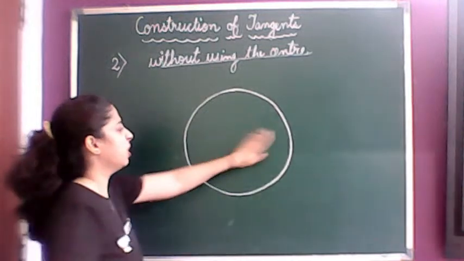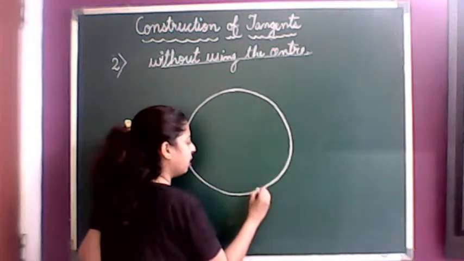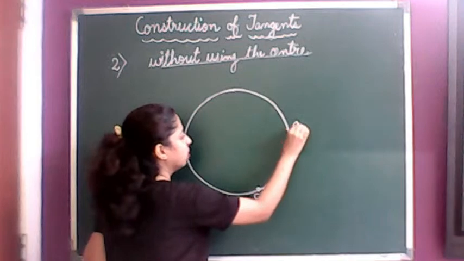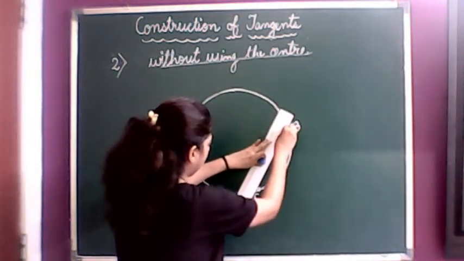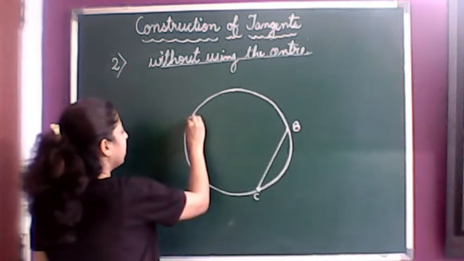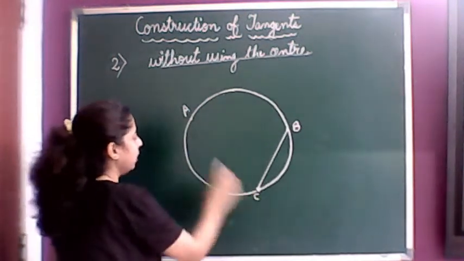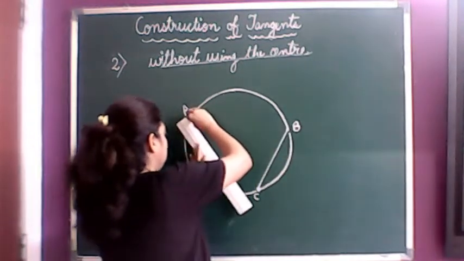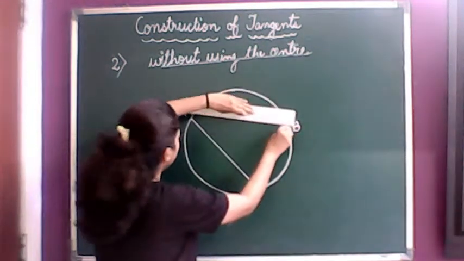Now I don't know the center. Okay, I will rub this. I don't know the center. I can take this C anywhere, and I can make a chord CB here. Now you can take any point A anywhere. I am taking it here. Simply join this A to C and B. Let's do that. I join this here and then I join this here.